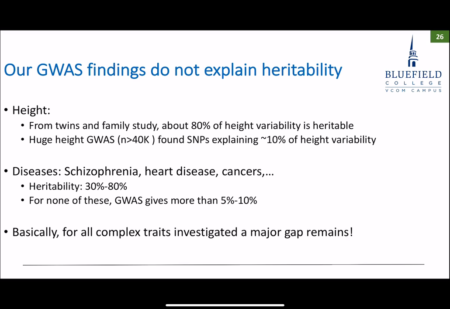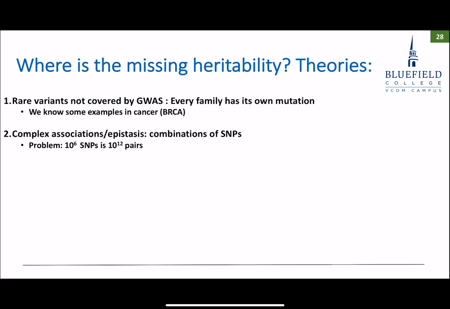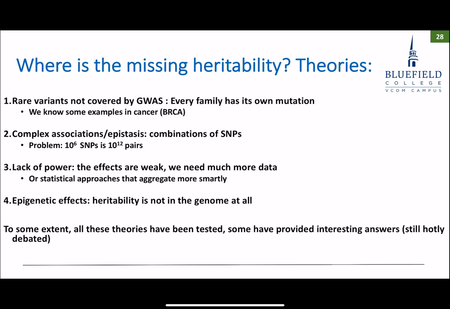The first one is that not all rare variants are covered by GWAS. Every family has its own mutation, and we know examples like BRCA, that this is the case. Or there could be some complex associations, some interactions between SNPs, where rather than the genotype itself, it's the interaction between the genotypes that determines the phenotype.